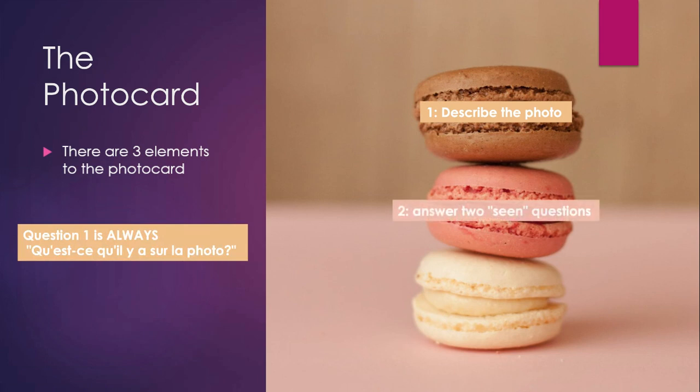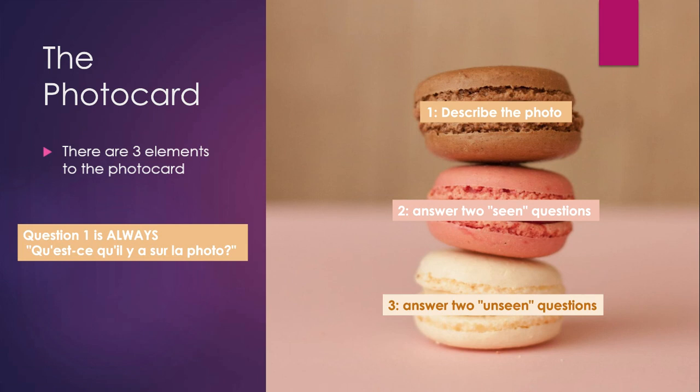Then you will see 2 further questions and they will be on the same piece of paper as the photo. And so you will see those and have time to think about them and prepare your answers to them. Then, when you're doing your assessment with your teacher, you will be asked a further 2 unseen questions.